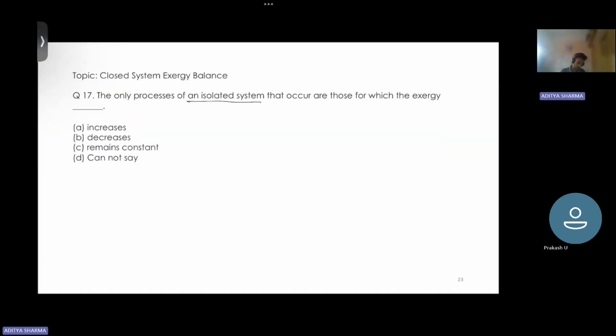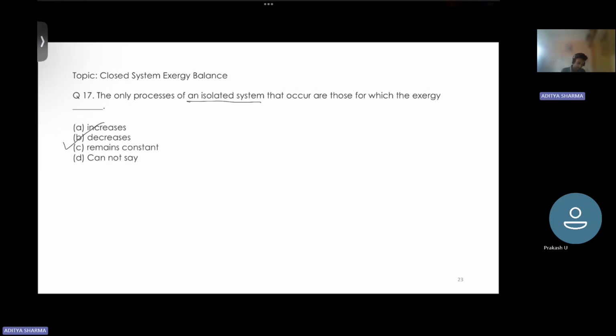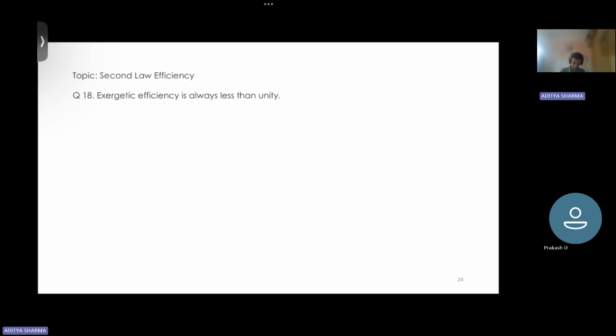So if the exergy change is negative, in that case the process will be possible, right? So B option is correct. Okay. So then two more questions. After that, we will do numerical questions.